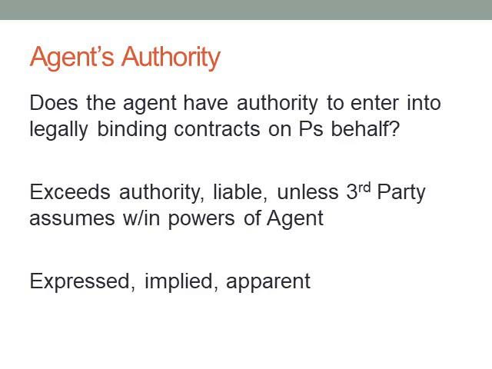An agent may perform only those acts that have been authorized by a principal or a court. If the agent exceeds the authority, he can become personally liable unless the unauthorized act was reasonably assumed by a third party to be within the powers delegated to the agent. The third parties can justifiably assume that the agent has the authority to act.